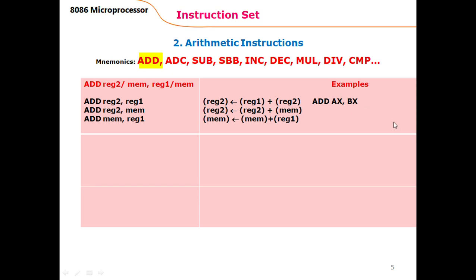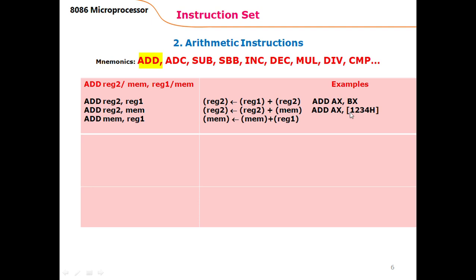Then there is another form of add instruction, when the destination of the result is a register and the source of the data is a memory location. So this instruction would add the content of this memory location with the content of register 2 and would store the result back into register 2.